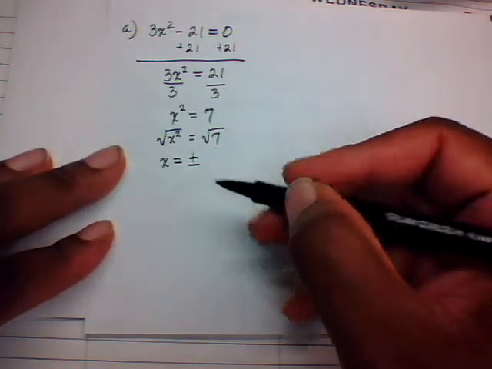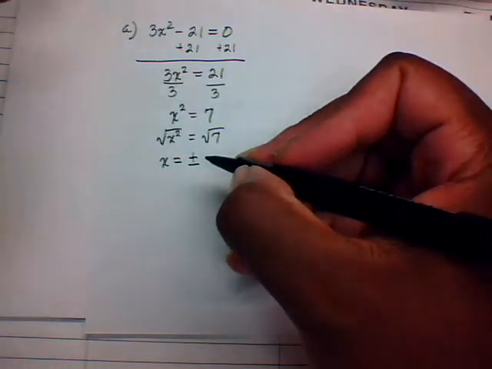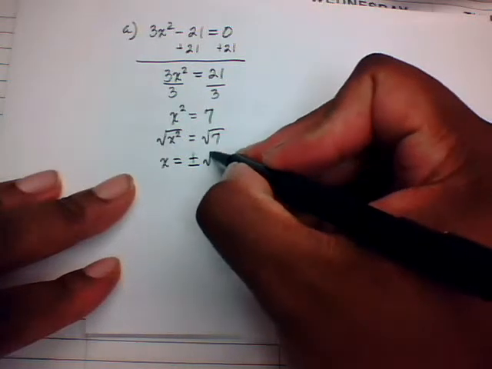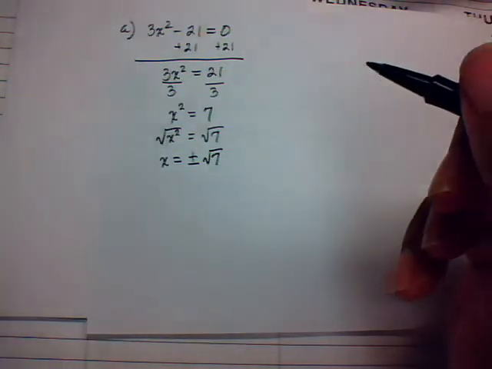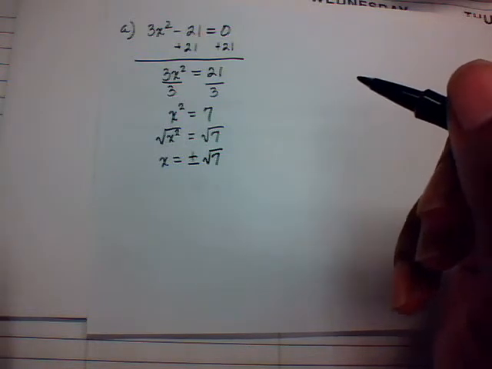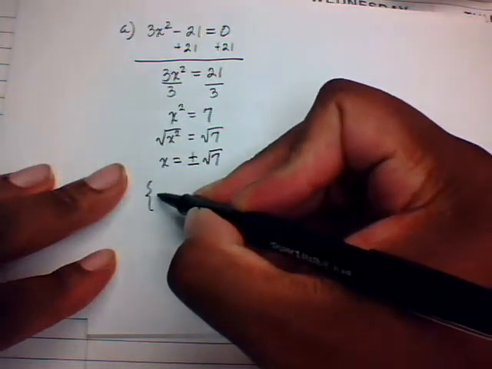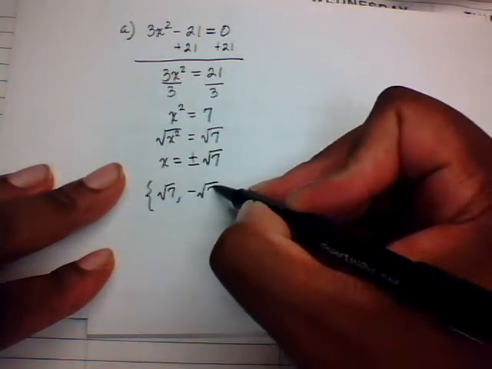Now, of course, 7 is not a perfect square because there's no whole number squared that's going to give us 7. So we leave that as the square root of 7. So the final answer there will be x is equal to plus or minus square root of 7. And also you can write this as the square root of 7 and negative square root of 7.